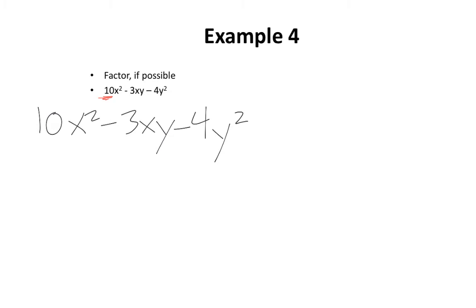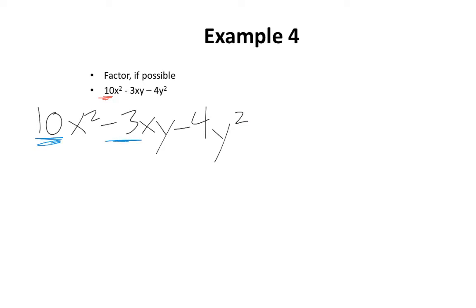If you take a close look at all of the three terms, you'll see that we have the numbers 10, 3, and 4. The greatest common factor of 10, 3, and 4 is 1. So there's no point factoring out that 1. As well, there is no common variable between all three terms. And therefore, we're going to have to use the technique that we've been using today.